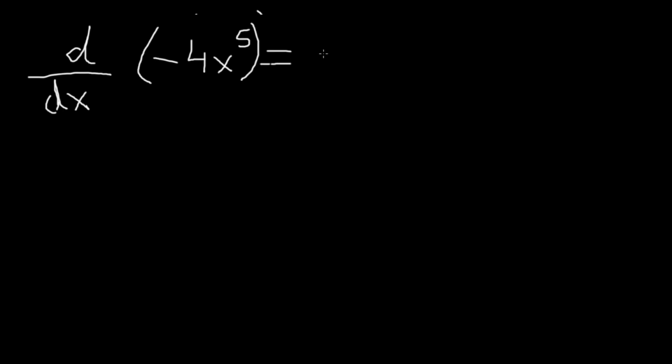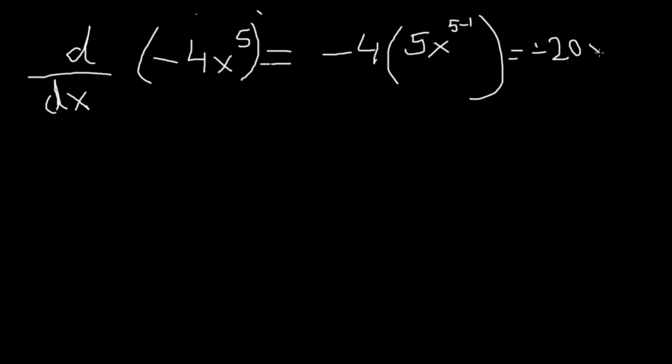You know the scalar rule, so negative 4 times the derivative of x to the power 5. 5 to the front, 5x to the power 5 minus 1. Negative 4 times 5 is negative 20. And 5 minus 1 is 4.